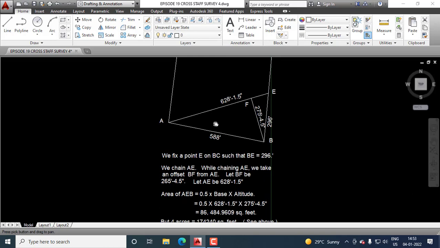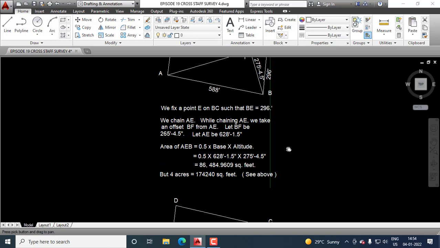We chain AE. While chaining AE, we take an offset from the chain line to B, and let the length of the offset be 275 feet 4.5 inches. Let AE be 628 feet 1.5 inches.